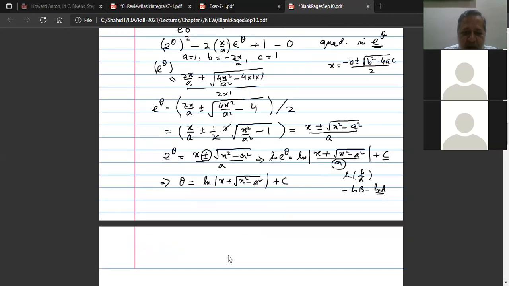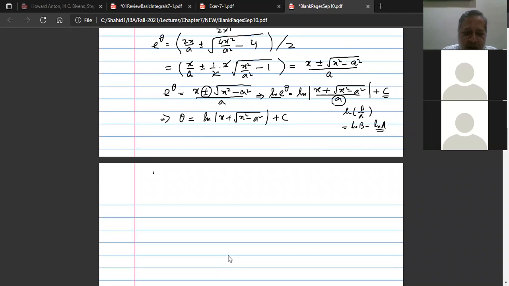So we write down the cumulative result as integral of dx upon square root of x square minus a square is equal to ln of x plus square root of x square minus a square plus c.